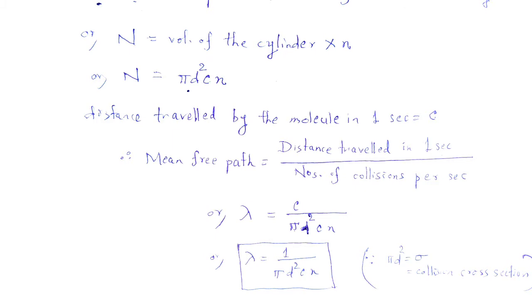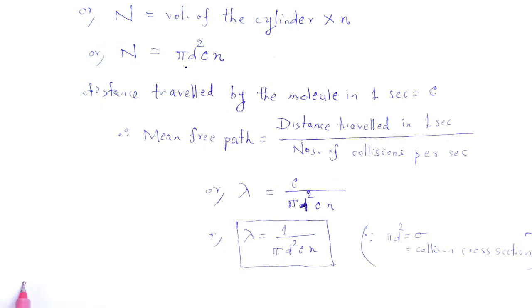Now, two scientists, Clausius and Maxwell, proposed mathematical expressions for mean free path according to their own assumptions.